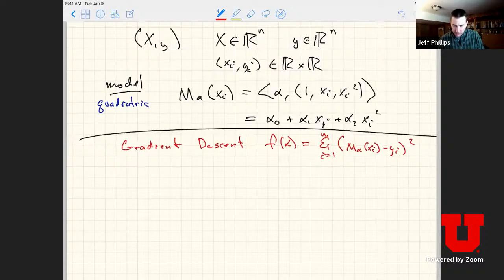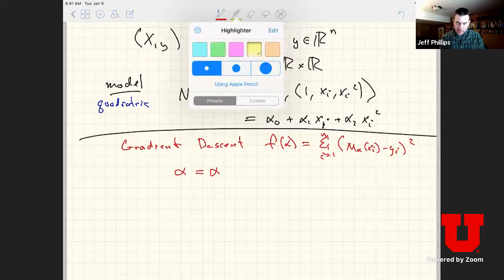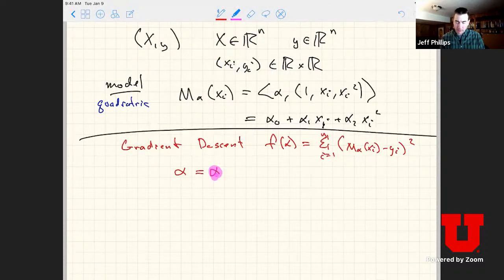To run gradient descent, remember, it's just this one step where you update the old model parameter, and you're updating with the new parameter by having some learning rate times the gradient of the function f.